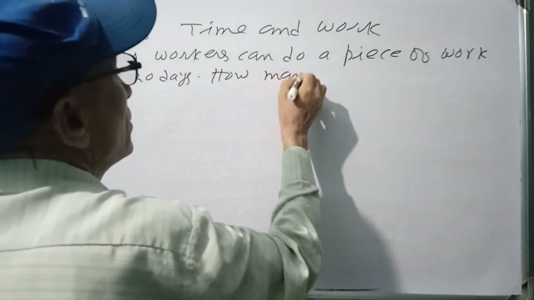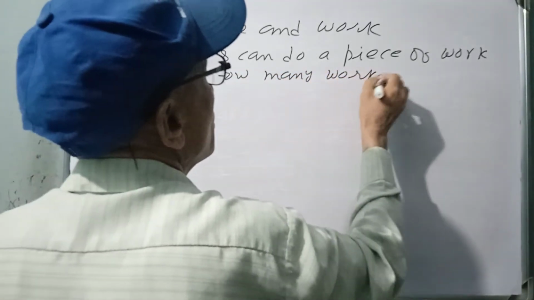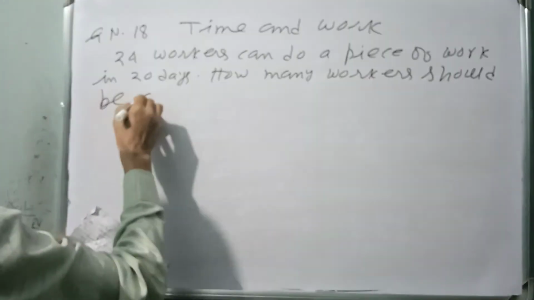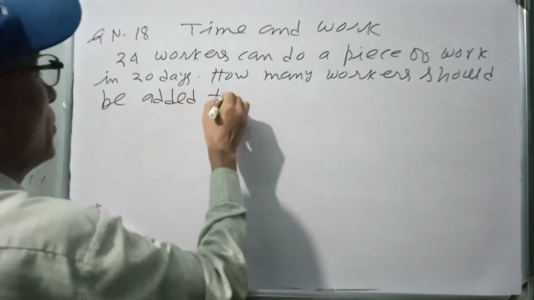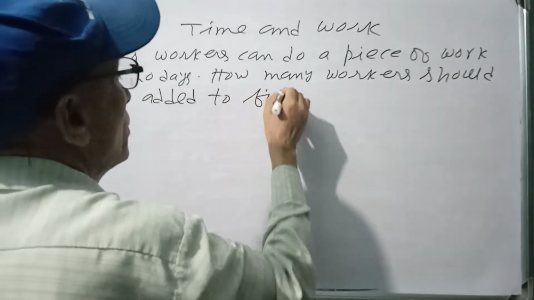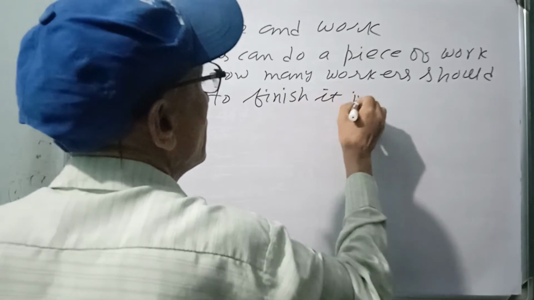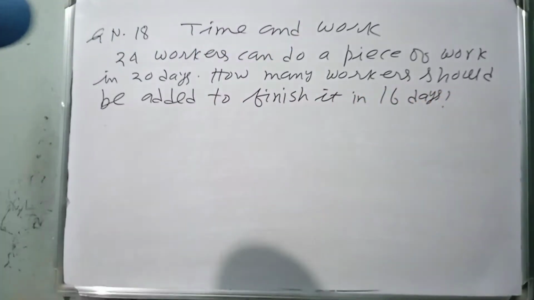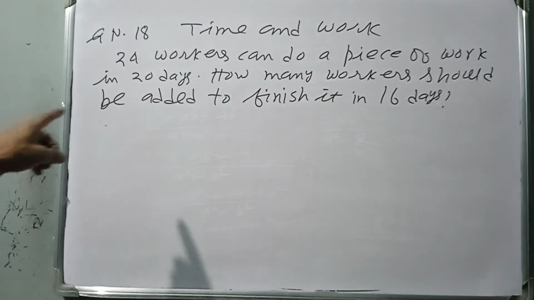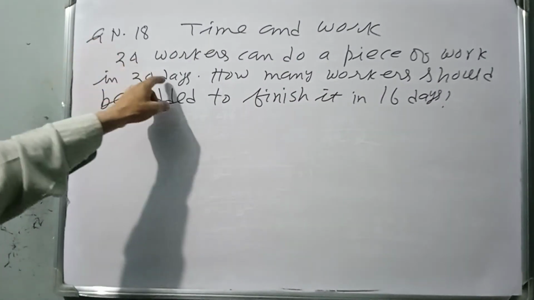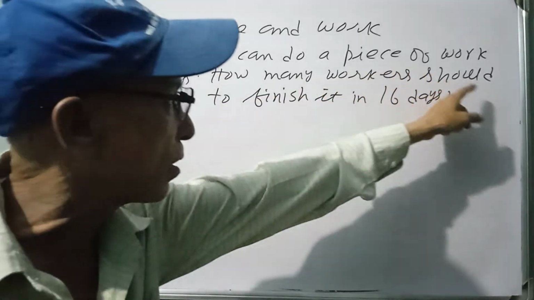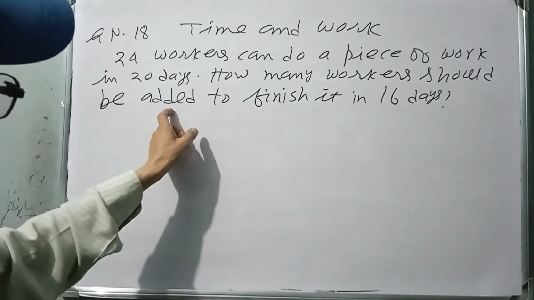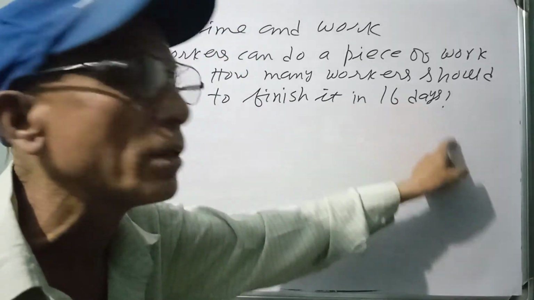How many workers should be added to finish it in 16 days? 24 workers can do a piece of work in 20 days. 24 people can finish in 20 days. How many workers should be added? How many should be added to 24 to finish the work in 16 days.